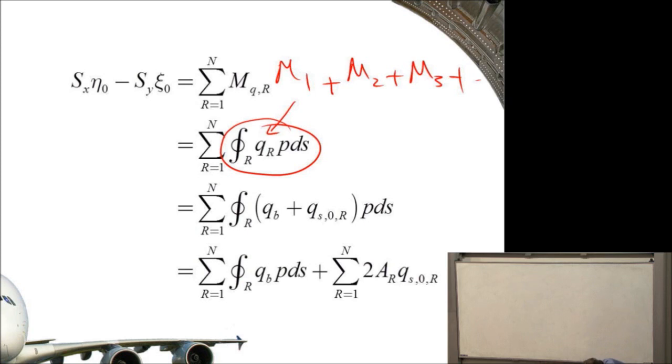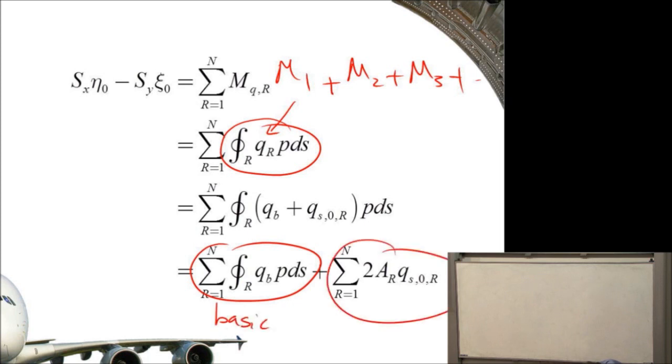And if you rearrange, you end up with your moment equation having a basic part and a constant part. And if you're paying close attention, this constant part is exactly the same as for the torques.